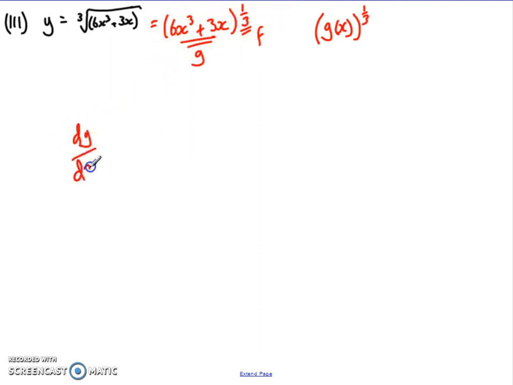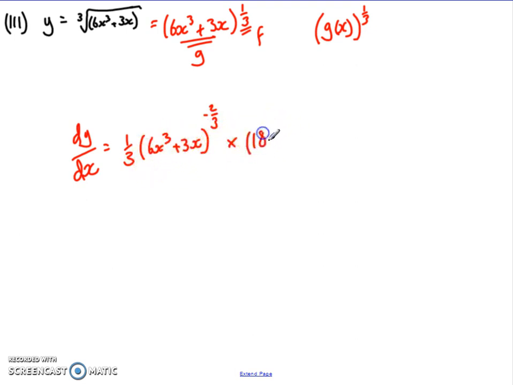So in this case, our dy by dx equals, take the derivative of the bracket as if we were normally, so 1/3 times 6x cubed plus 3x, we don't touch what's in the bracket, take 1 off of this, get minus 2/3. We then multiply that by the derivative of what's in the brackets here.